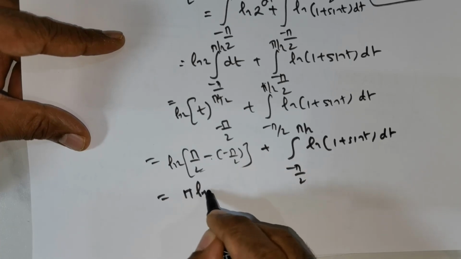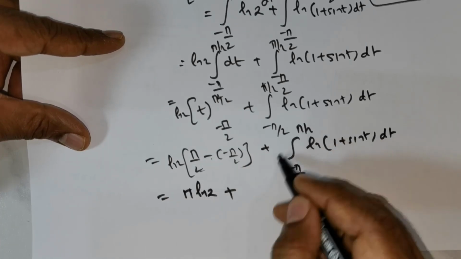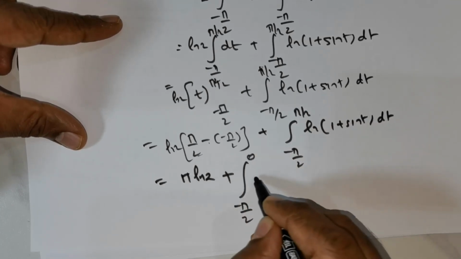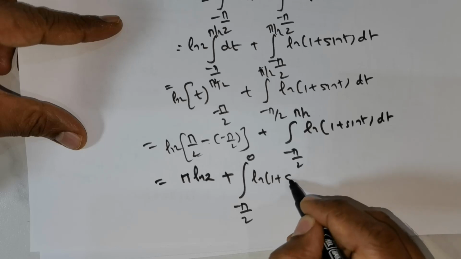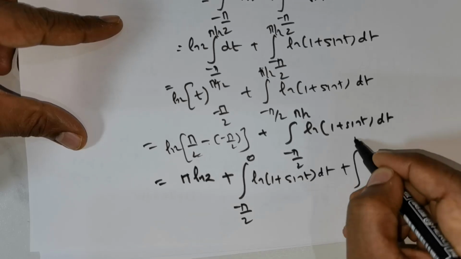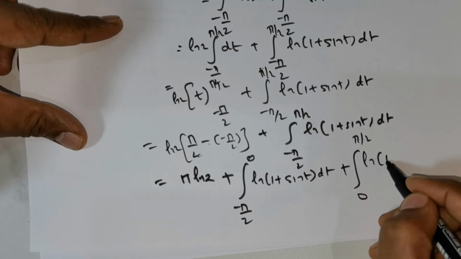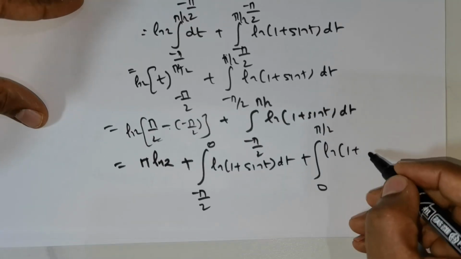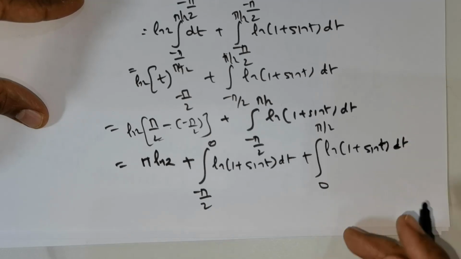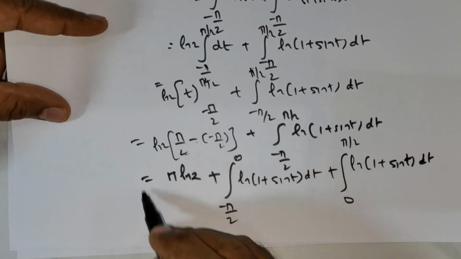So pi times ln 2 plus, I want to split this integral as the integral from negative pi over 2 to 0 of ln of 1 plus sine t dt, plus the integral from 0 to pi over 2 of ln of 1 plus sine t dt. I can very well do it like this. Okay, so this is already done.